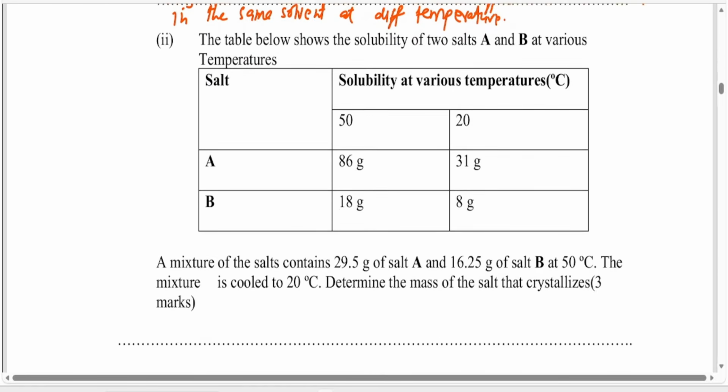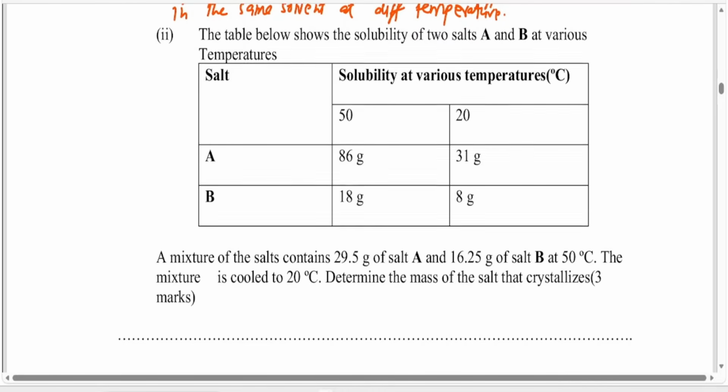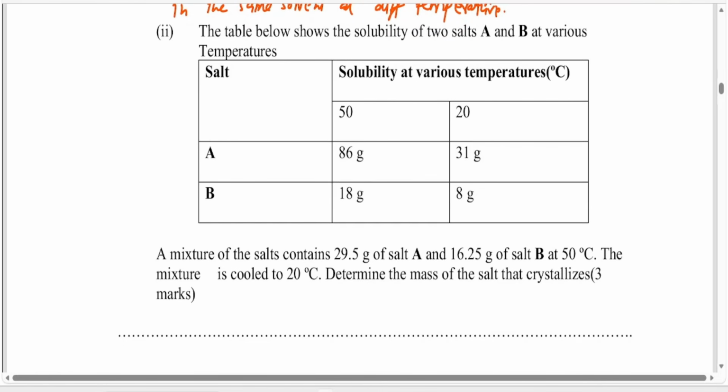So let's move to part 2 of this question. The table below shows solubilities of salts A and B at various temperatures. We have solubilities at 50 degrees Celsius and at 20 degrees Celsius.